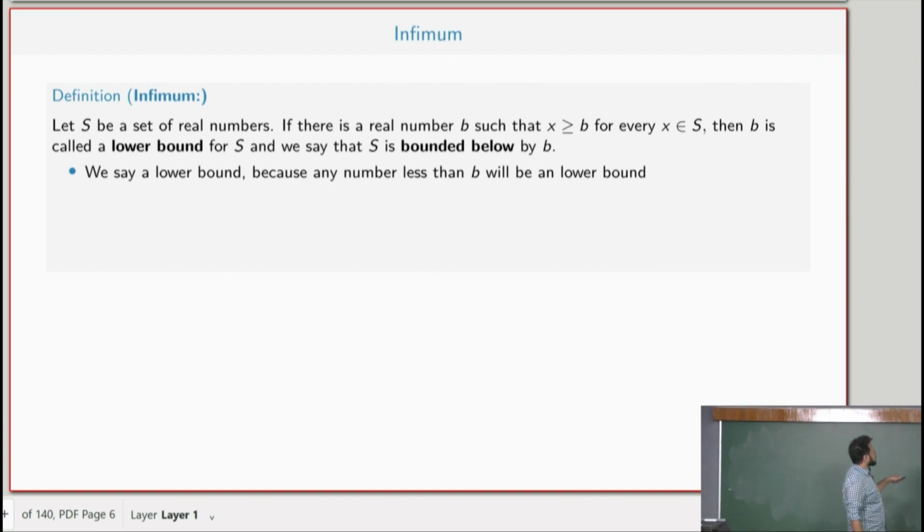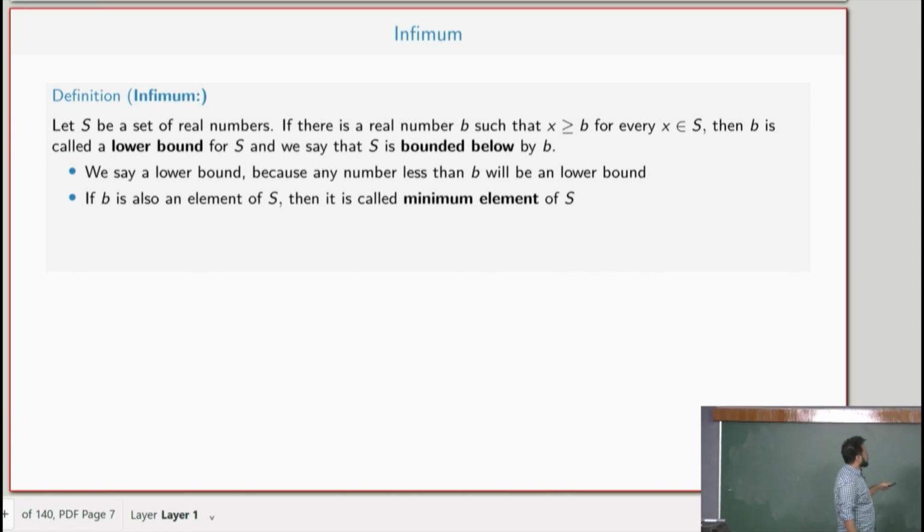We say it's a lower bound because there are many possibilities for lower bound. I could have chosen some other b which is less than the current b, and that is also a lower bound. So as you can see, lower bound possibilities are many.